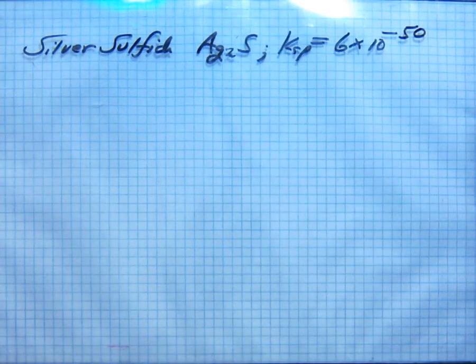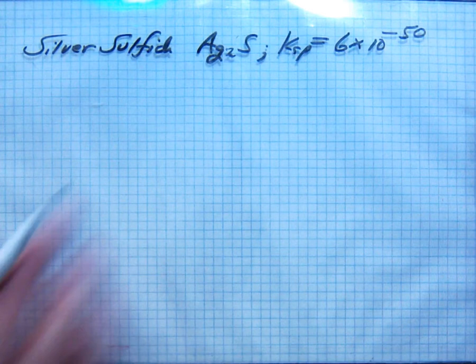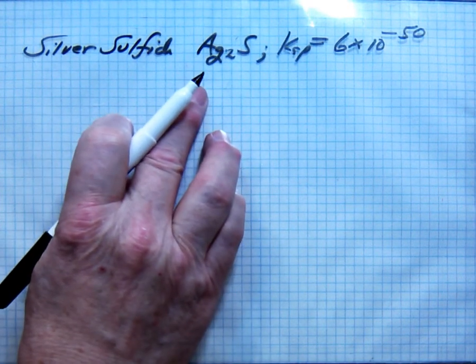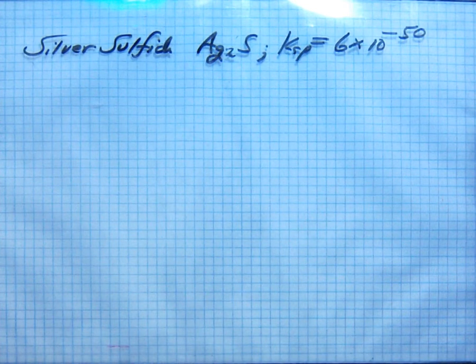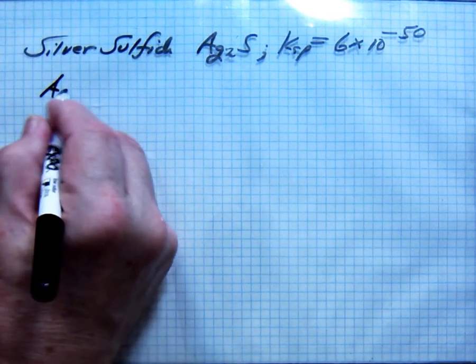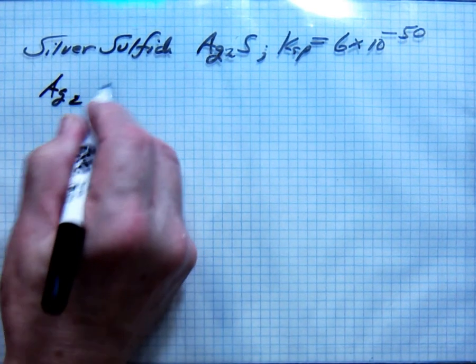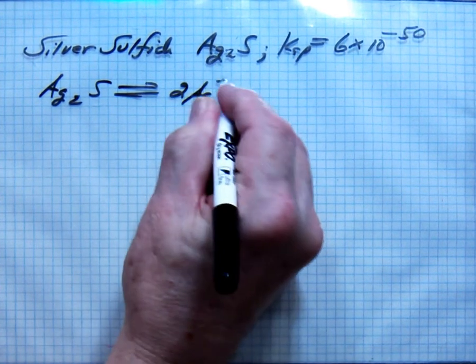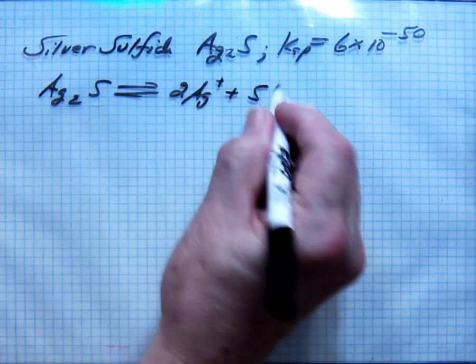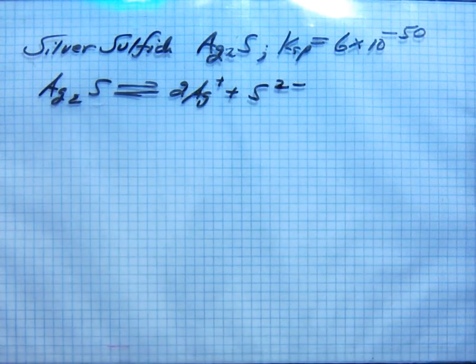What's the solubility and what are the ion concentrations in solution? Okay. Now you first notice this is a 2 to 1, same thing as a 1 to 2. So we have silver sulfide delivering 2 moles of silver plus 1 mole of sulfur.